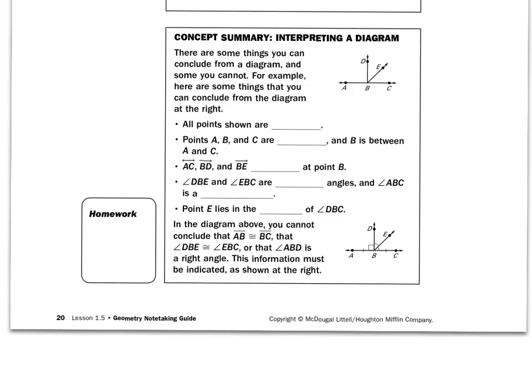Look at the little hash marks here below. If it was in the middle, and the diagram wants us to know that, then it has these little hash marks. Now, doesn't it look like this is a right angle, ABD? It does, but again, we can't assume it until they have that little box there.